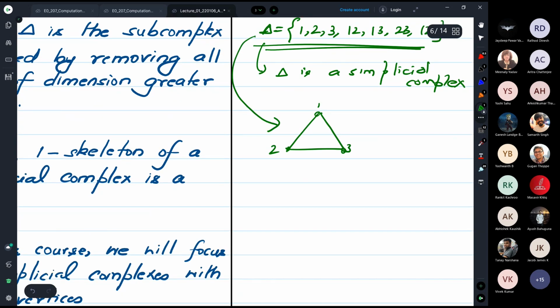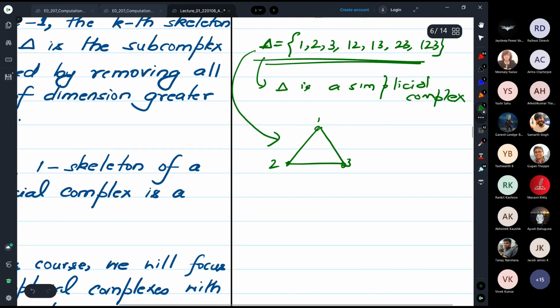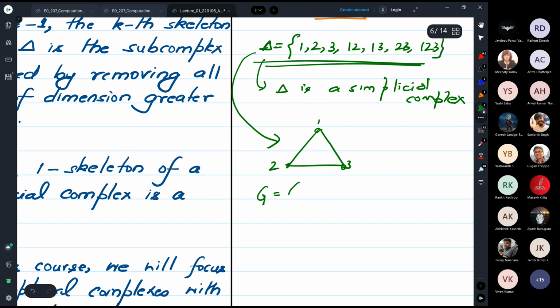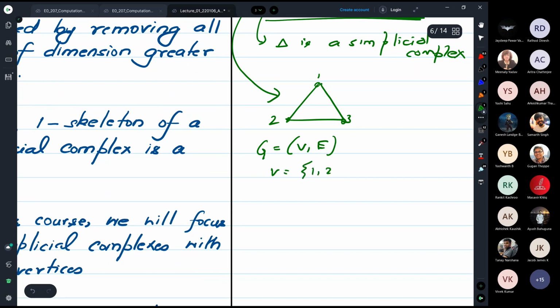So let me give the representation. The graph over here would be V comma E, and this V would be 1, 2, 3, and E would be made up of 1,2, 1,3, and 2,3. Do you agree? These are the 3 edges.